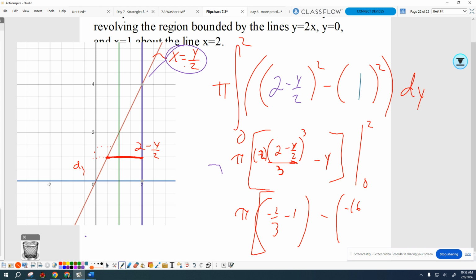I didn't integrate the second part. You guys can stop me. 1 integrated is y, so this is not a 1, it's a 2. -8/3 plus 16/3. 8/3 pi. Yeah. Okay. I'm bad at this. Amir, I have been struggling with arithmetic today, so we're good.